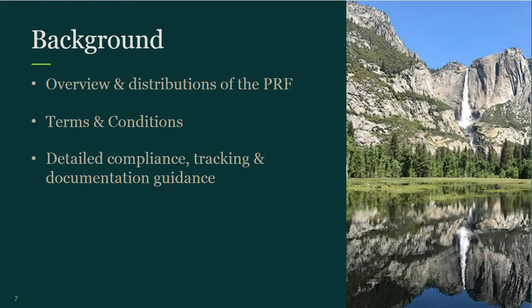Probably the most important of these is that the funds are used to prevent, prepare for, and respond to coronavirus, that there can be no duplication of funding from other sources, and you'll see that across all the different federal awards like FEMA or coronavirus relief funds from the Treasury Department.